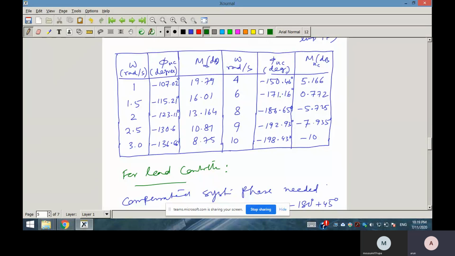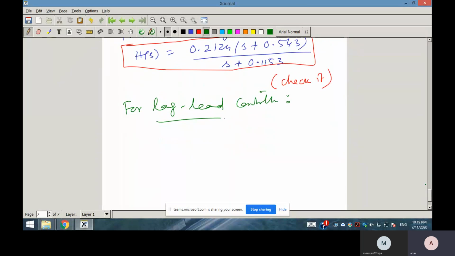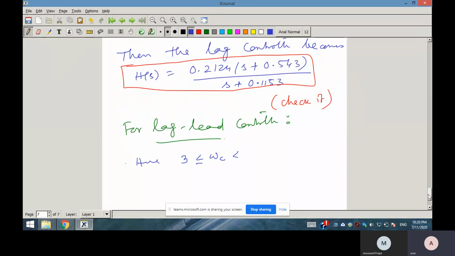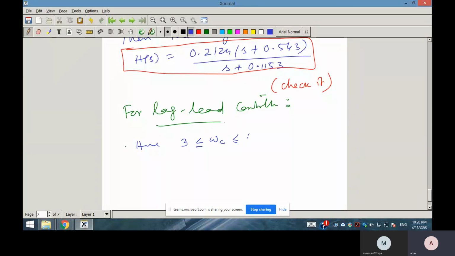From 3 to 6 radian per second, you can design a phase lag lead controller. So here, I'm not again elaborating. Omega c should be 3 to 6 radian per second.